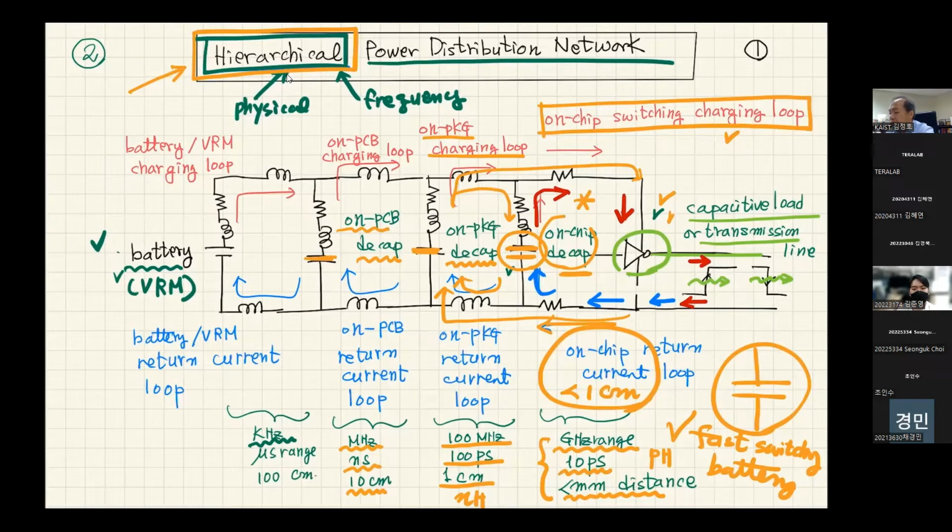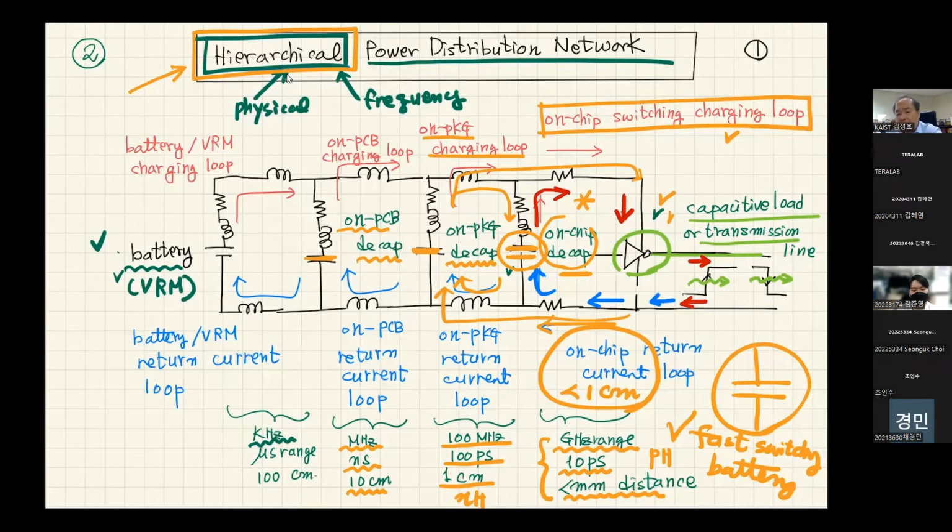Now, I would like to summarize this slide. Number one, our power supply network is not ideal. There's no ideal power supply network.